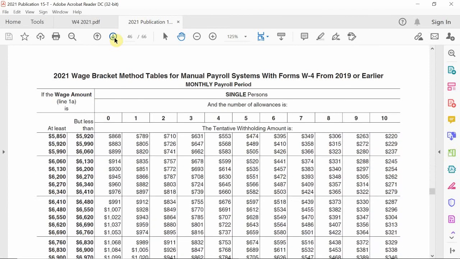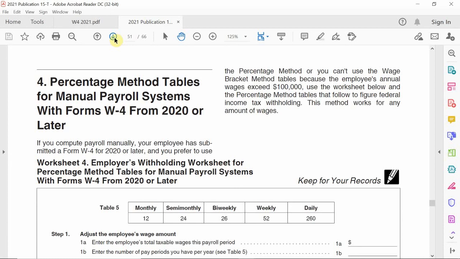Now, there are two different ones because, like I said, there are ones for W-4 forms either prior or later. So this one, we're going to be taking a look at the percentage method for manual payroll systems for W-4 forms from 2020 or later. So these are the tables that we're going to be using.